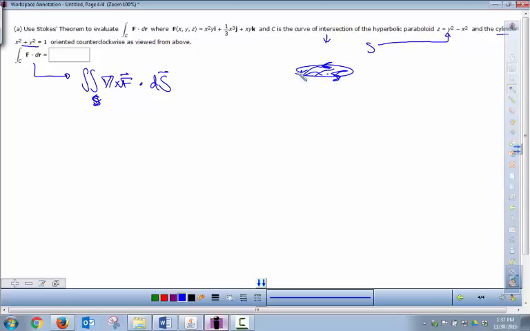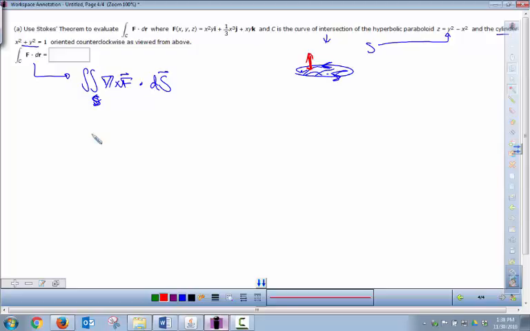Up or down? Should be going up, right? The not so good thing about this is that since this is a hyperbolic paraboloid, these vectors would not be going directly up, and it'll be changing depending on where you are on the surface. So I might want to stick with this instead of the dot n business.